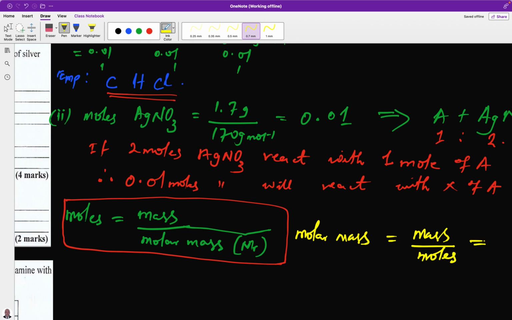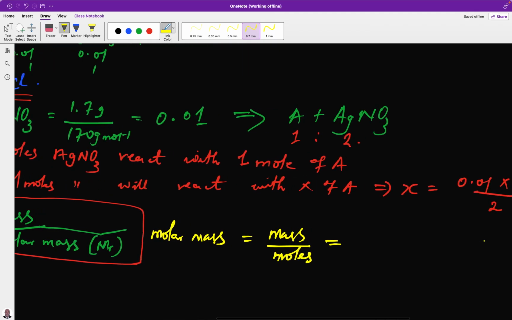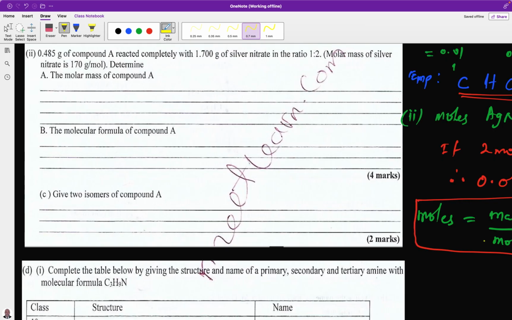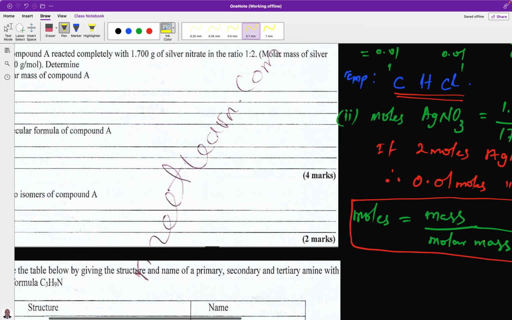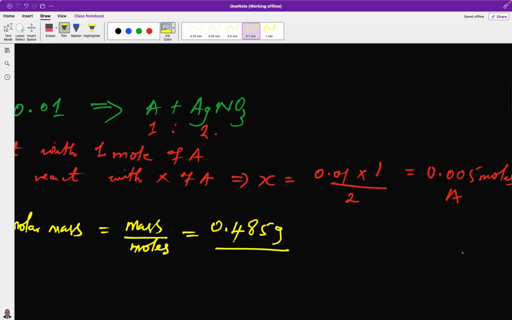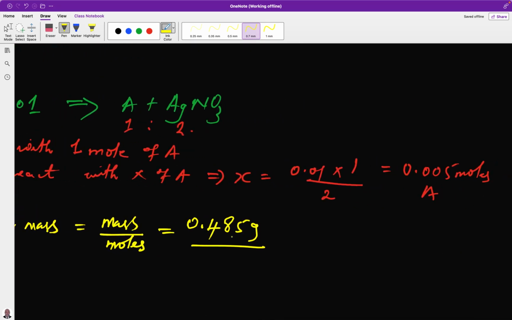And when we do that, substituting our values, we're given that A has a mass of 0.485 gram, and the moles of A that we calculated is 0.005 moles.